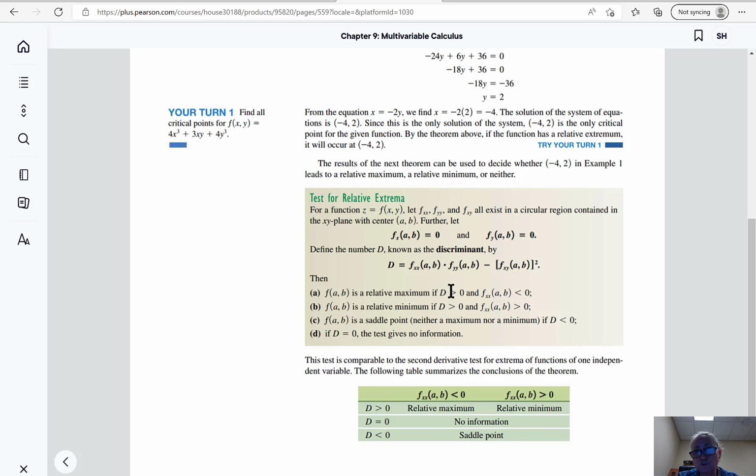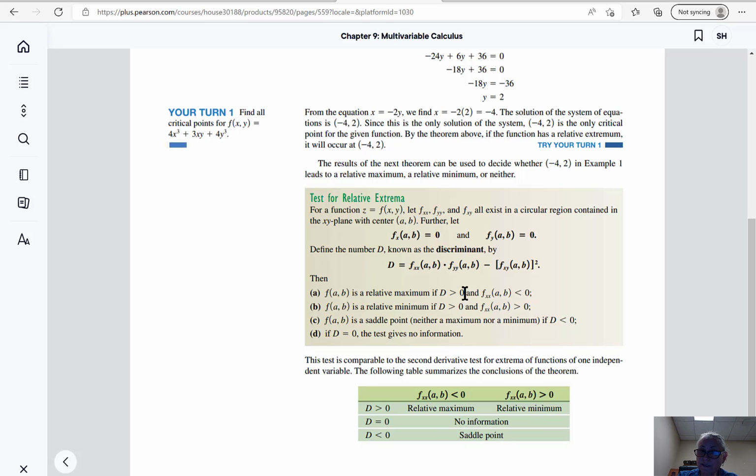So the discriminant is greater than 0 and f sub xx is less than 0, it's a maximum. But if the discriminant is greater than 0 and f sub xx, the second derivative with respect to x again, is positive, then you have a minimum. So if they're opposites, you have a maximum.